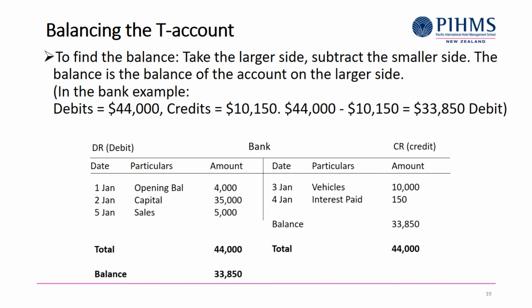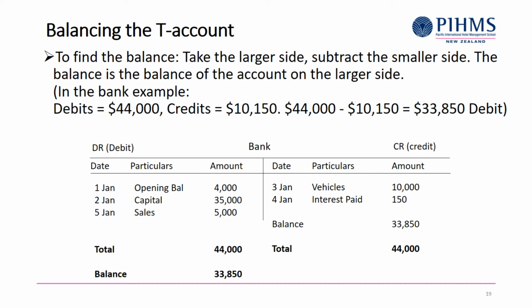So here is our example of the bank. We have 44,000 on one side, so that's on the debit side. We then paid out 10,000 and 10,150 on the credit side. So that leaves us with a balance of $33,850.